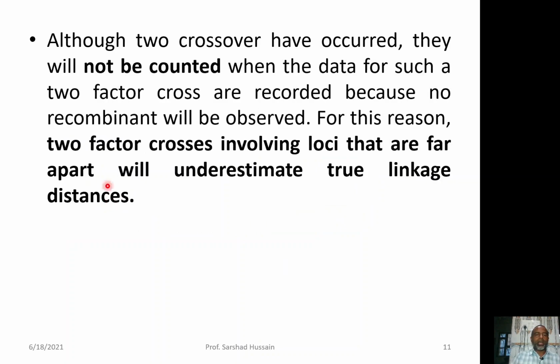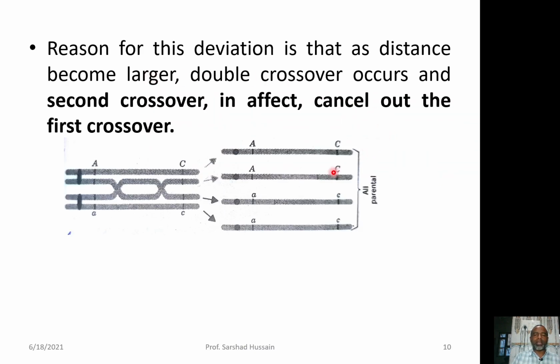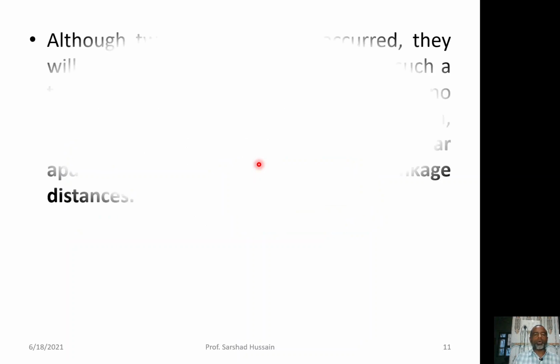So, it is because of this reason that although two crossovers have occurred, they will not be counted, because you are able to count only when you are looking at the offspring, whether they are having the new combination or not. Here crossing over has taken place, but you are not able to see any new recombinant in the offspring. So, as a result you cannot count these crosses.